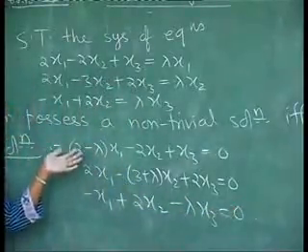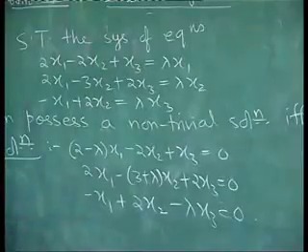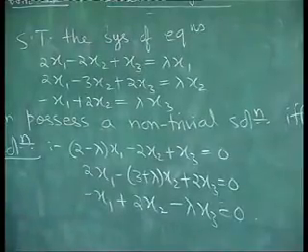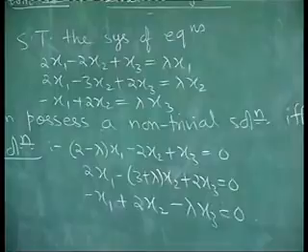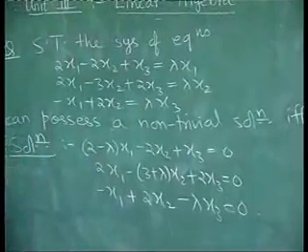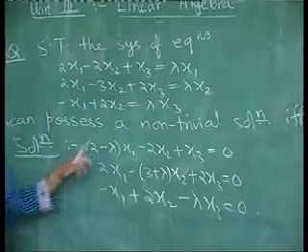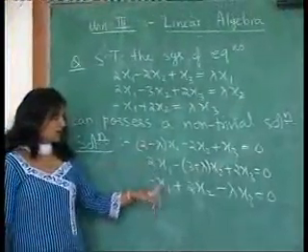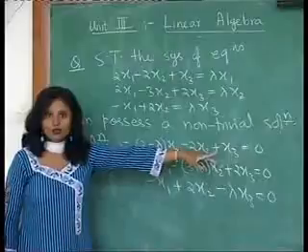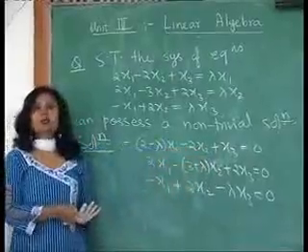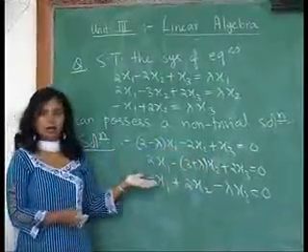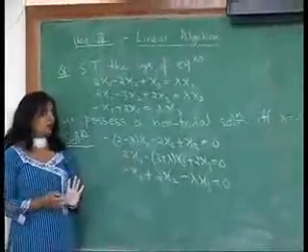Now there is no doubt that this is a homogeneous system of equations, and we are only interested in finding out when this system will have a non-trivial solution. Fortunately over here there are 3 equations and 3 unknowns. So the coefficient matrix is going to turn out to be a square matrix. It will have 3 rows and 3 columns.